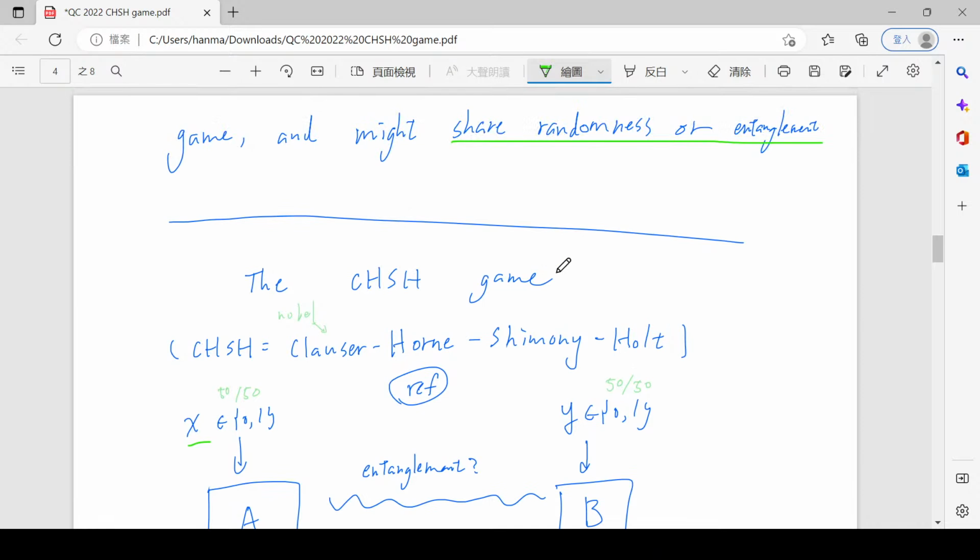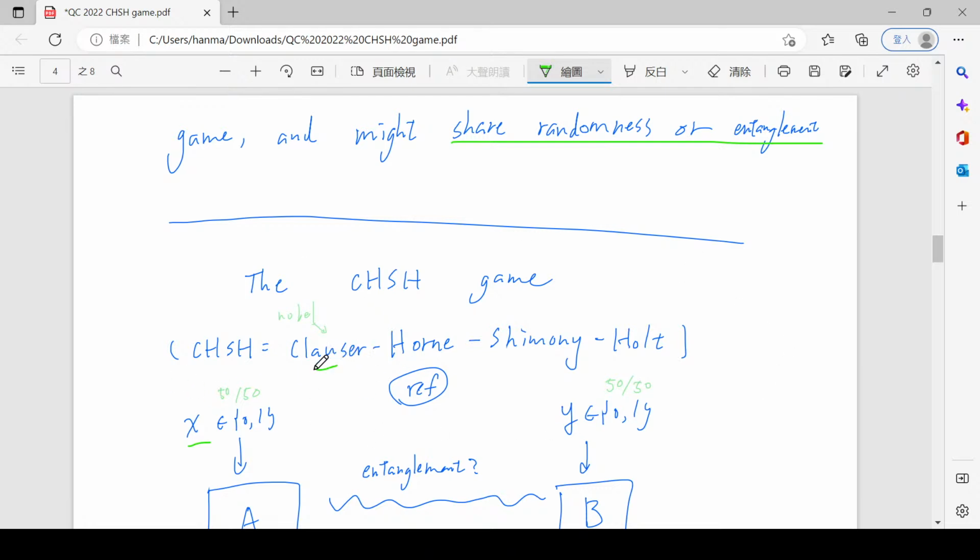Anyway, CHSH actually stands for four physicists: Clauser, Horne, Shimony, and Holt. They are a bit more famous now because this year's Nobel Prize was granted for experiments related to the CHSH game and Bell's inequality.